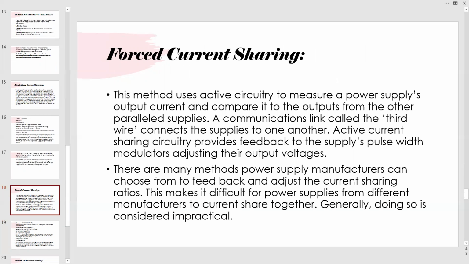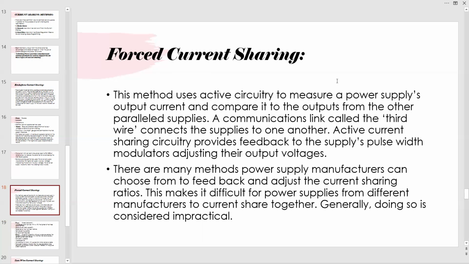This method uses active circuitry to measure a power supply's output current and compare it to the outputs from the other parallel supplies. A communications link called the third wire connects the supplies to one another. Active current sharing circuitry provides feedback to the supplies' pulse width modulators, adjusting their output voltages.